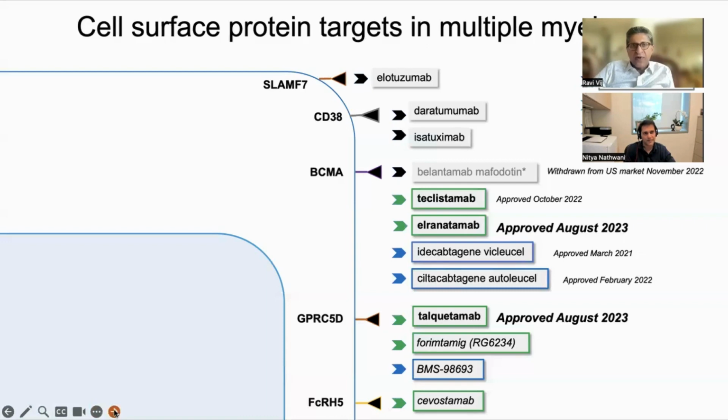So, as far as the drugs to avoid before a CAR T or a bispecific, are there certain drugs that you try to avoid before exposing a patient to a bispecific or before collecting CAR Ts?